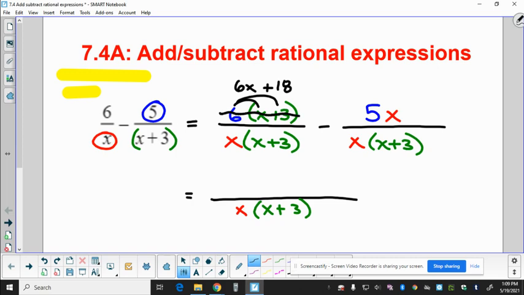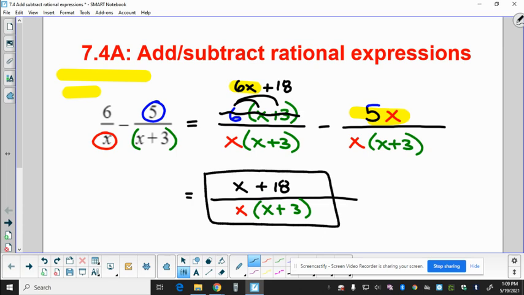And basically going to combine like terms here. So what I see is I've got a 6x and a 5x. Well, that would be 11x, right? And then you have the plus 18. And there's your final answer. Do not be tempted to cancel out any x's. They need to be factors in the numerator or denominator to be able to do that. All right, so that's an explanation of how these are done.